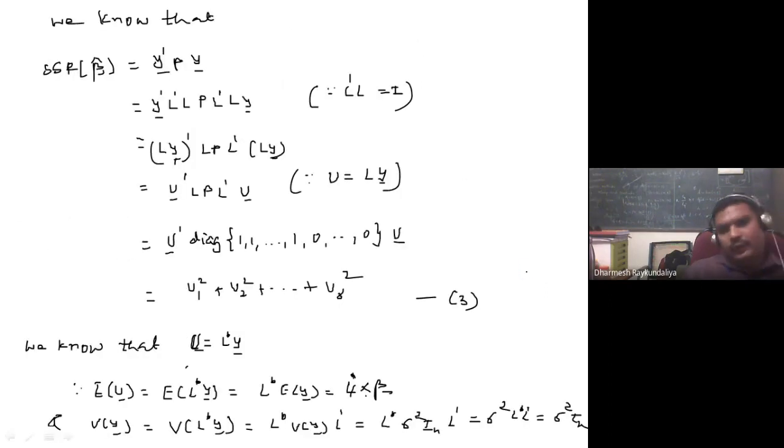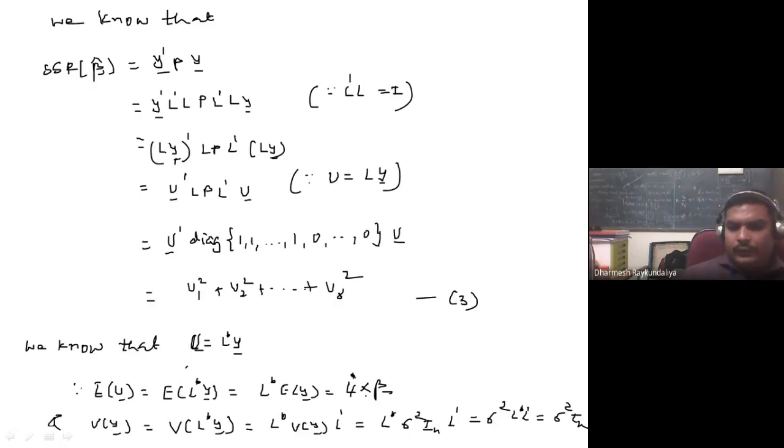Now you can substitute the identity equal to L'L, and then write it in the form U'LPL'U, where U is nothing but Ly. So it is a quadratic form in U, a sum of R such random variates.